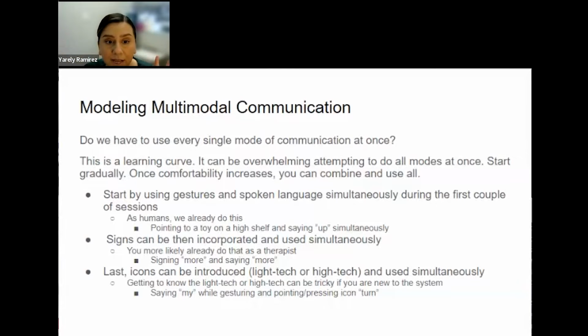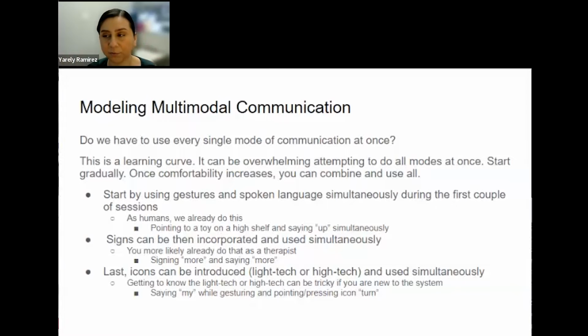We can also use sign and spoken words at the same time, such as more. I think that's our favorite word as therapists. We tend to use more all the time. More please, more.